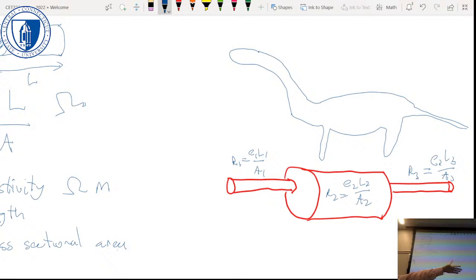So my resistance at a given temperature T is my nominal resistance times 1 plus alpha times the difference between the current temperature T and the nominal temperature. And this alpha is a material property.